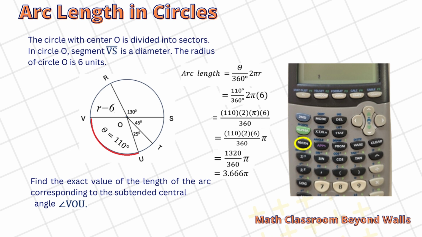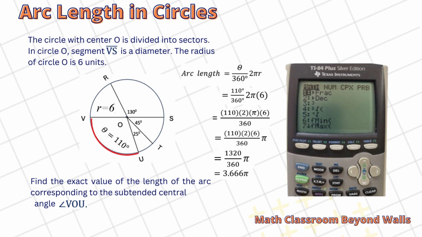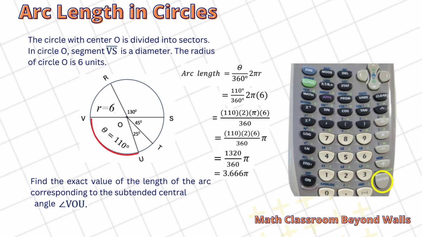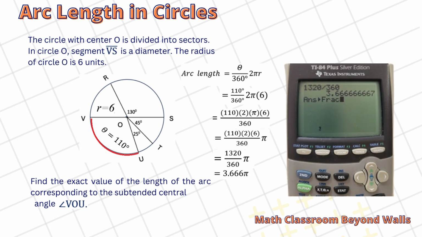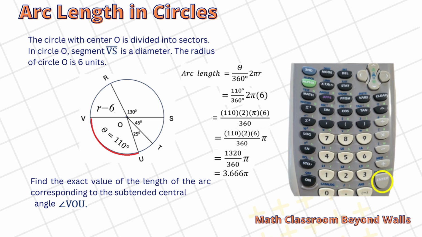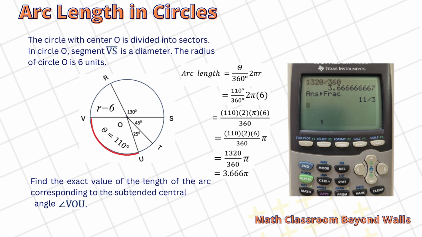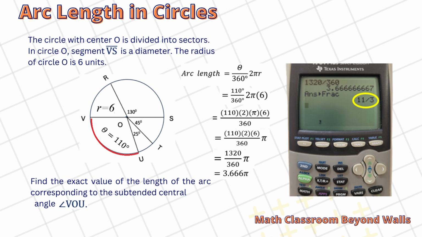This is what we see in the calculator now upon hitting the math key. We hit the enter key this time. This is what we see on our calculator screen. Hitting the enter key one more time, this is the result. Now we have the exact value in fraction form. This fraction in its simplest form is what we want.